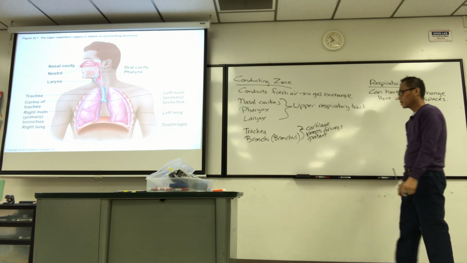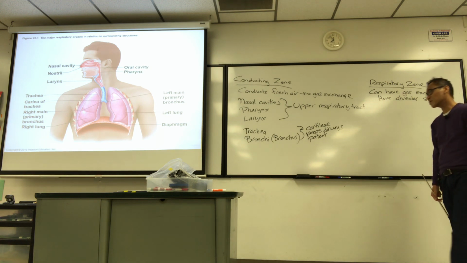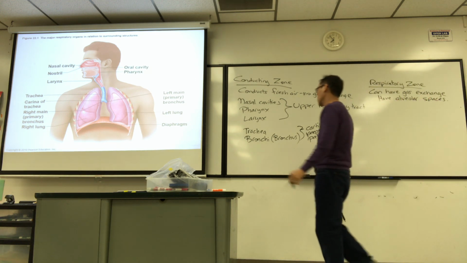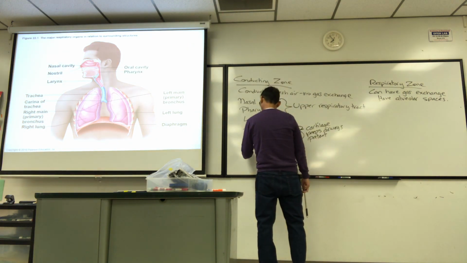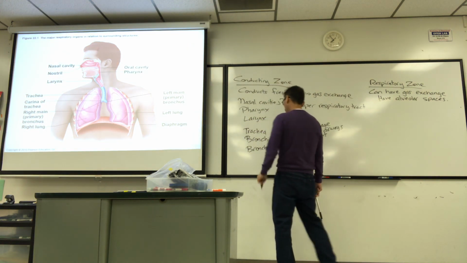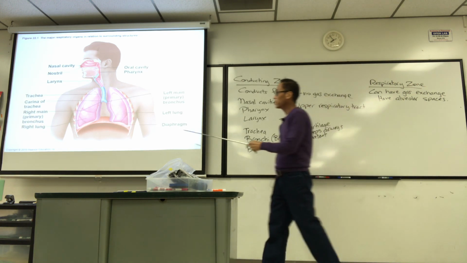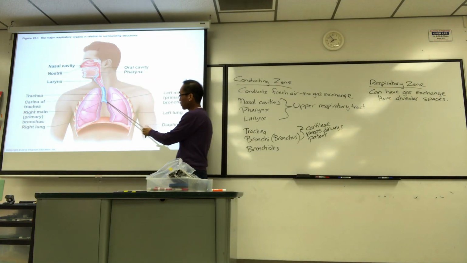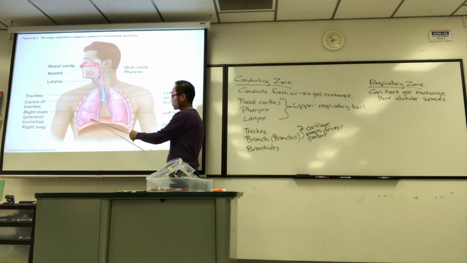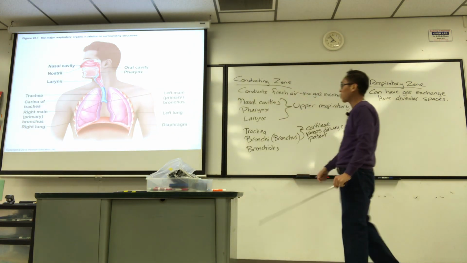Now, when you get to the smaller and smaller airways, they're called bronchioles. You can't see the smaller airways, they're deep in the lung tissue. And you can only see the first division right there, but we're going to go through all the divisions and I'll show you more pictures. But now you're deep into the lung tissue when you get to the bronchiolar level. And we're still considered part of the conducting zone.